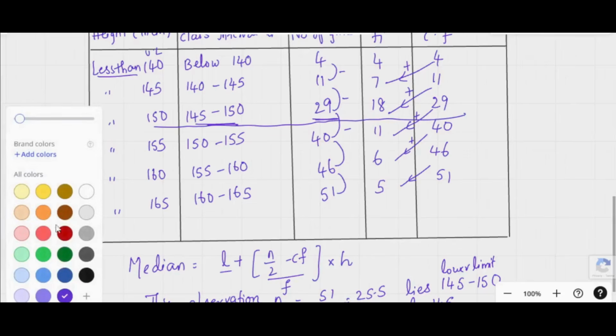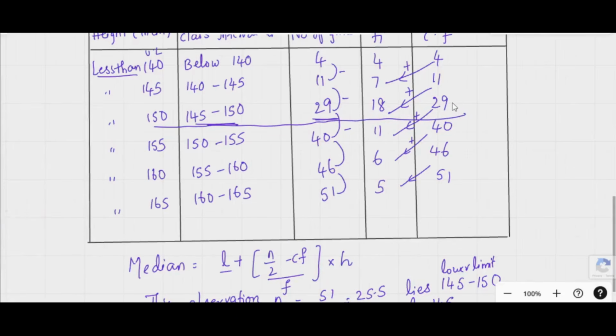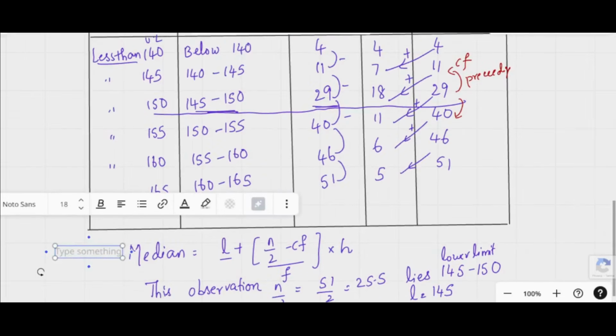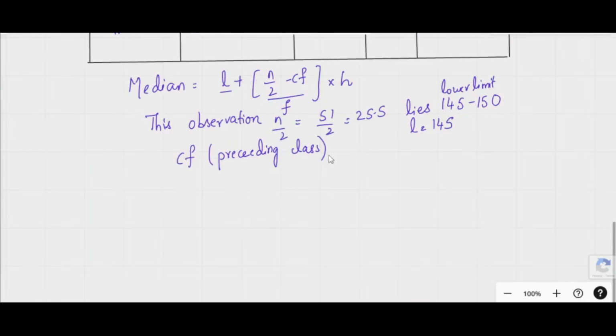Done. So the cumulative frequency of the class preceding the class interval which we got, this is called the preceding and this is called the succeeding. This preceding one will become our cumulative frequency. Now let us substitute that in our formula. How much did we get? 11.